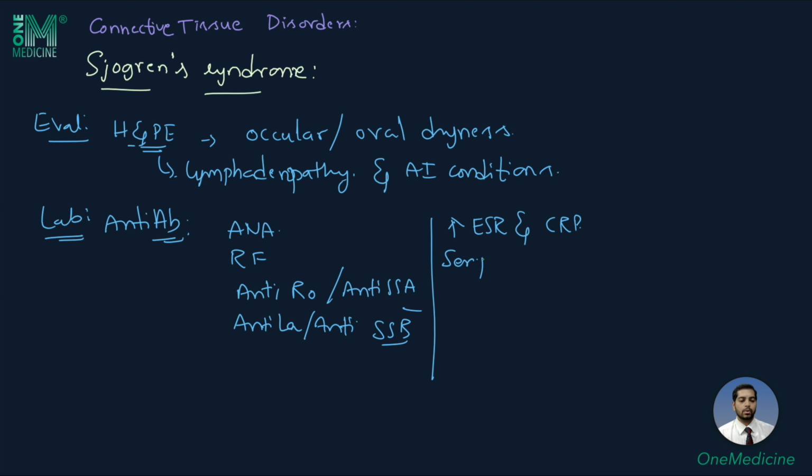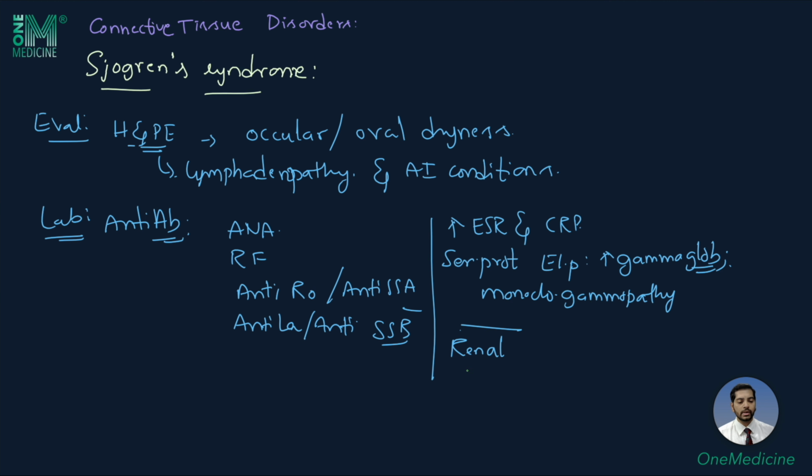Serum protein electrophoresis can reveal increased gamma globulin or hypergammaglobulinemia. Patients can also have monoclonal gammopathy. Other investigations include renal parameter evaluation, liver function tests, thyroid function tests, and even urine analysis.